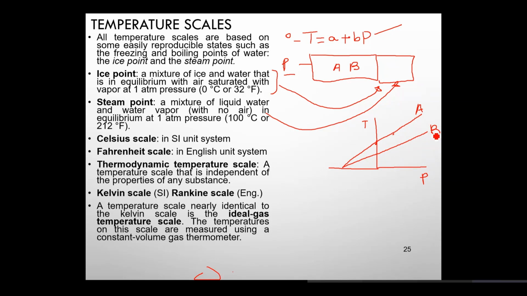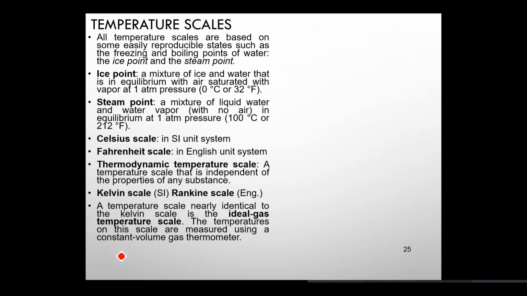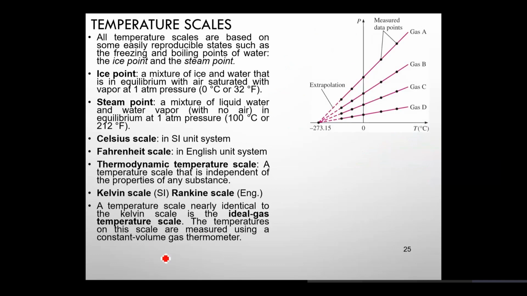Is it clear? The remarkable thing with this experiment is that when you keep on changing the gases, essentially all of them, when they are extrapolated, pass through this common point, which is minus 273.15.